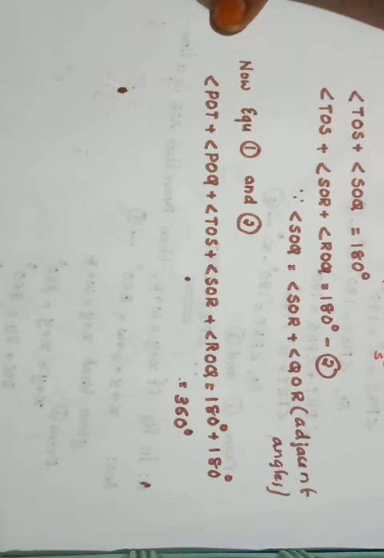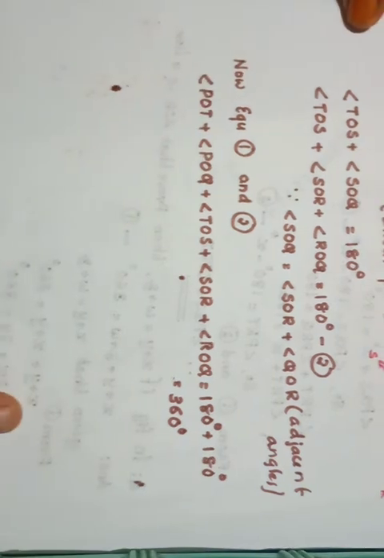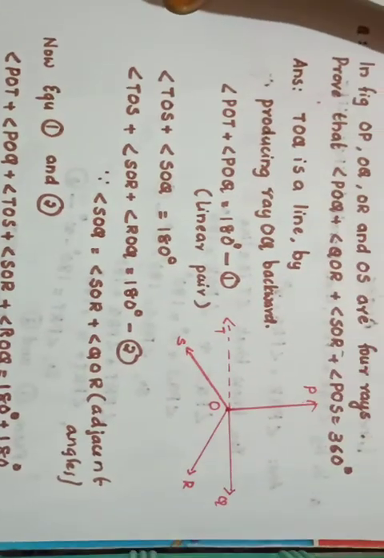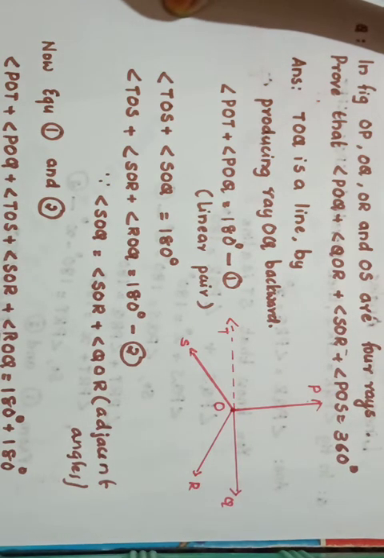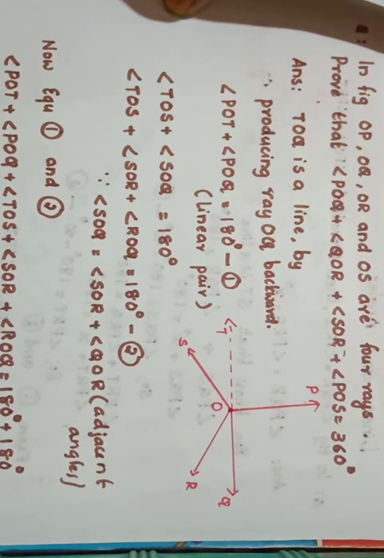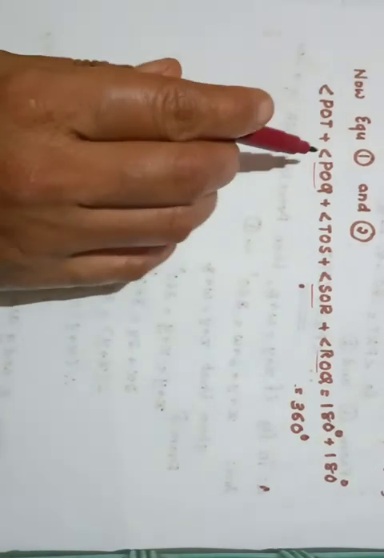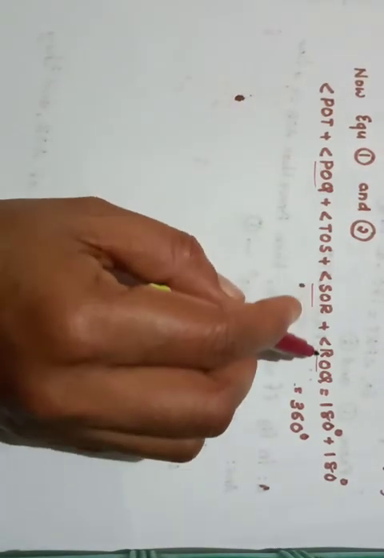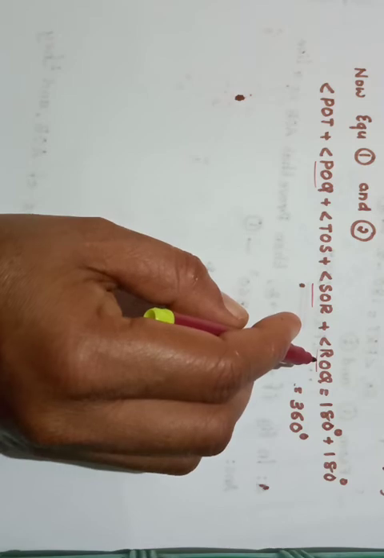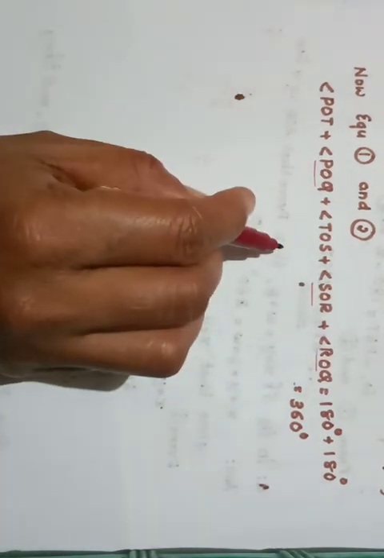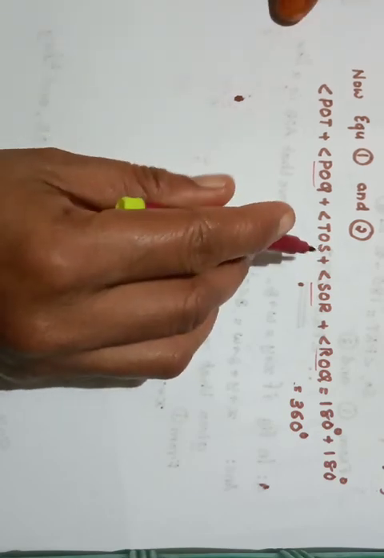In the question we have POQ, QOR, SOR, but the fourth angle is angle POS, which is not here. But what do we have instead of POS?